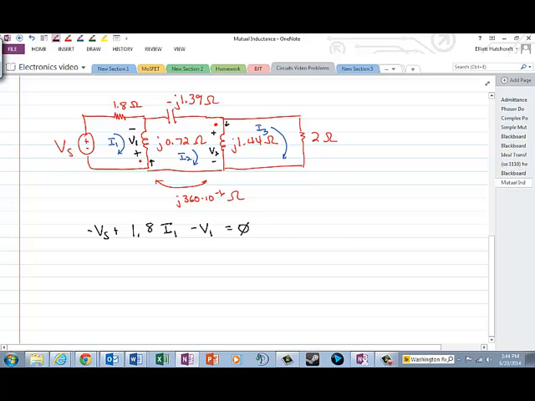And then for the next loop, I'll have V1 as I'm going clockwise, minus J 1.39 times I2, which is the only current and it's going clockwise there, and then plus V2 is equal to 0.